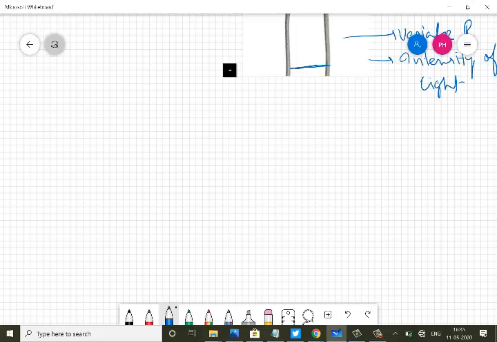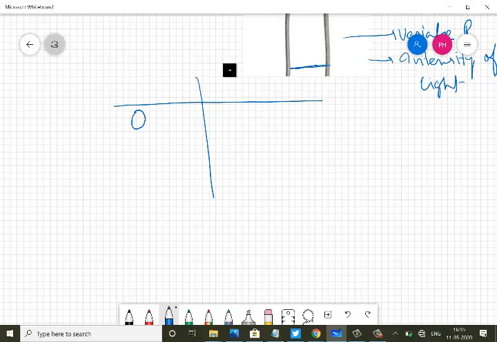For example, the one you are seeing in the diagram may have a temperature-resistance profile something like this. This is temperature in degrees Celsius, and this is the output resistance. At 0 degrees Celsius, the resistance is approximately 30 kilo ohms.